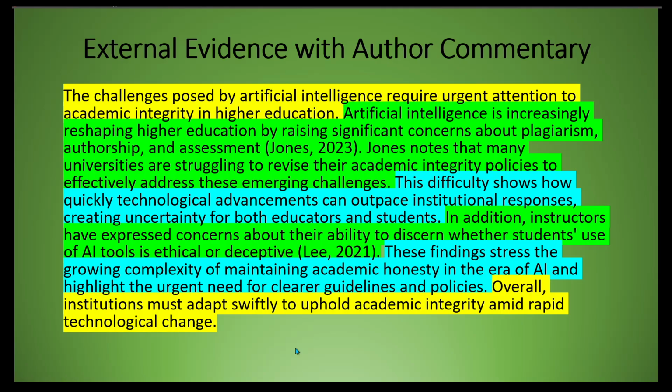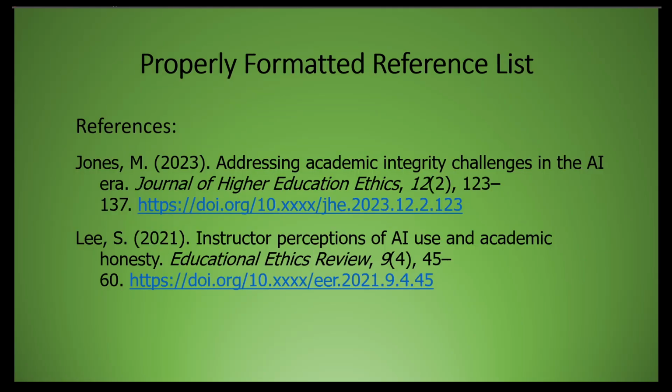Okay, so this is a very simple example. Here would be your references, Jones and Lee. We haven't really talked about reference lists yet. They must be listed by family name or surname.